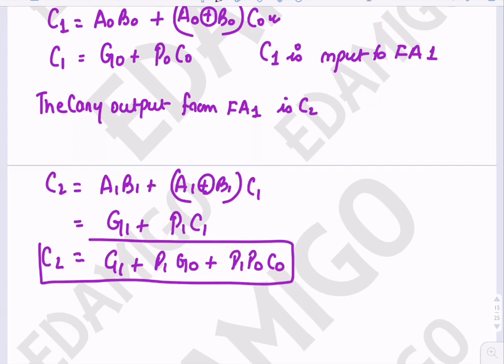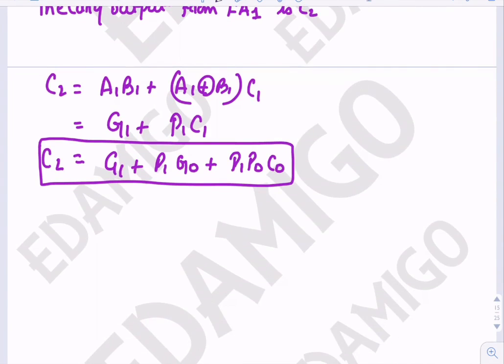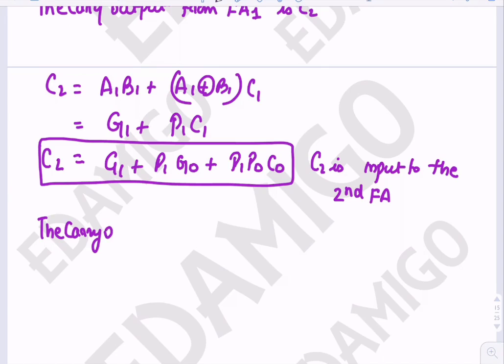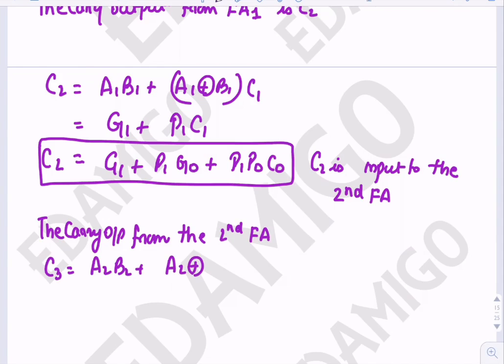Now C2 is the carry output from the first full adder, and it is input to the second full adder. Now the carry output from the second full adder, that is C3, will be equal to A2 B2 plus A2 XOR B2 into C2.